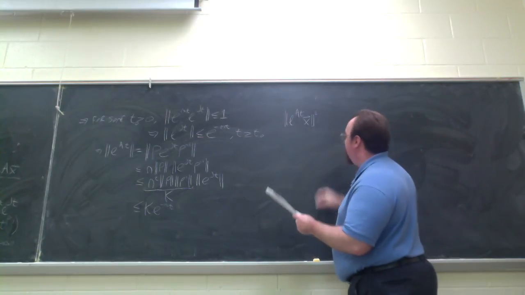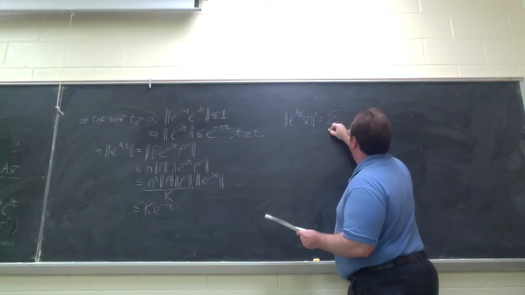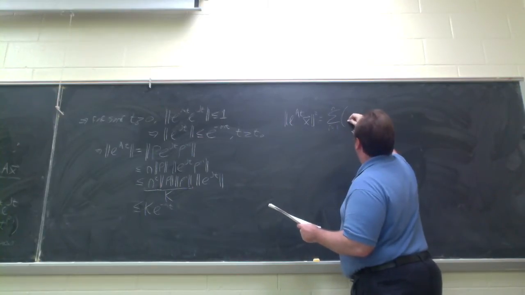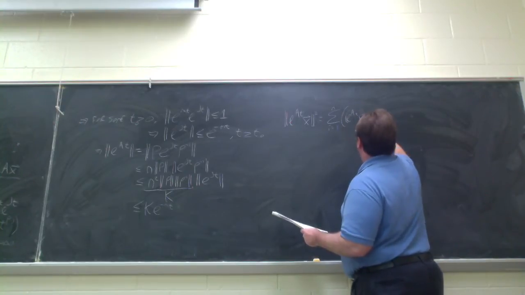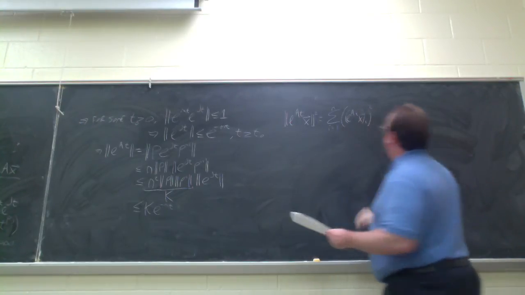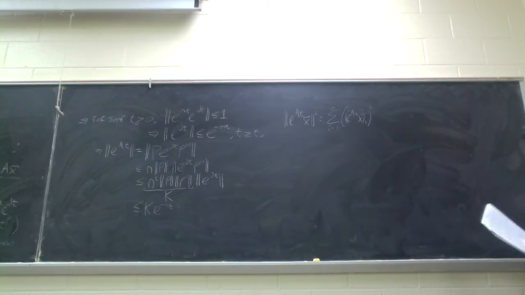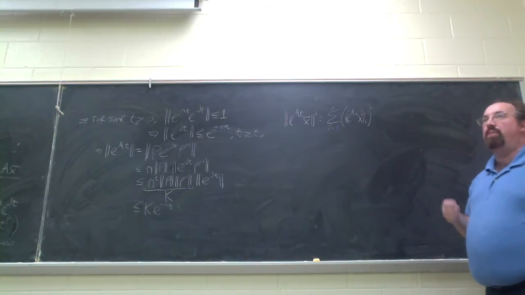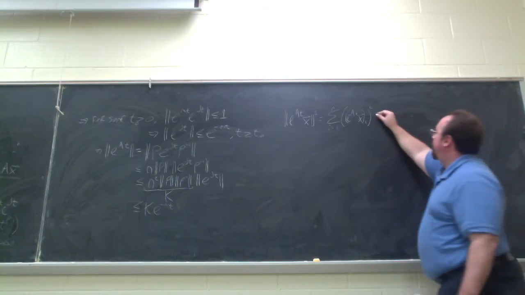So I'll go ahead and write that out. We have e to the At x, which is a vector, ith entry, and we square it. But now I'm going to write this out in terms of matrix vector multiplication.